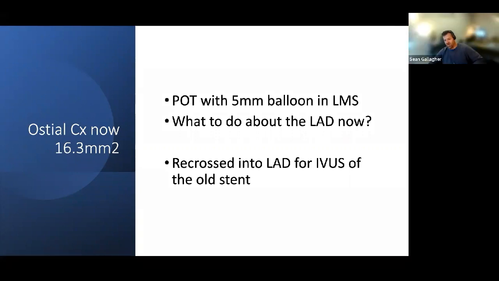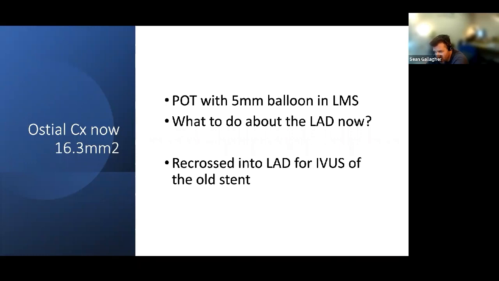Well, the first thing I'm going to do in this situation, I'm going to optimize that stent. So I'm going to work on the circumflex stent first. I'm going to want a 3.5 NC balloon into the distal edge, optimize it all the way through, optimize the ostium POT in the left main, as we've said. So we're not doing badly. And then it's cross with a wire into the LAD.